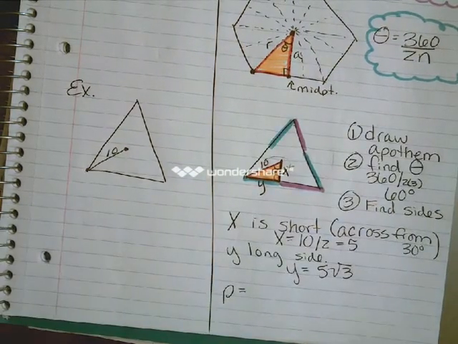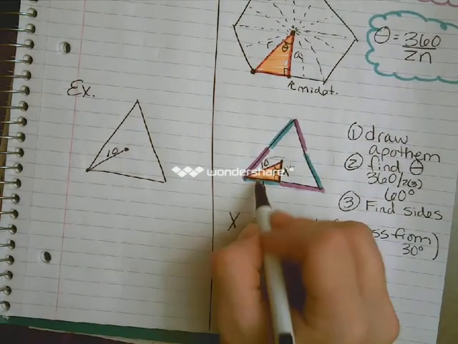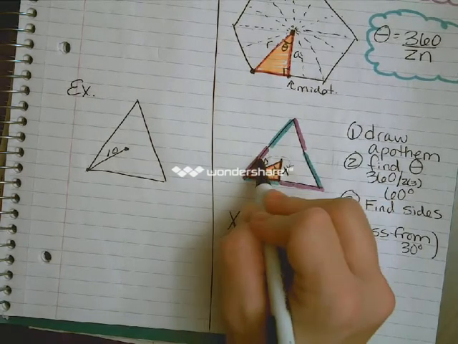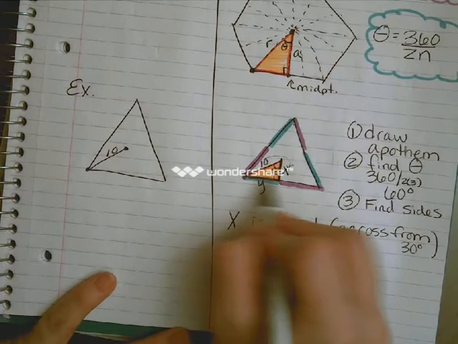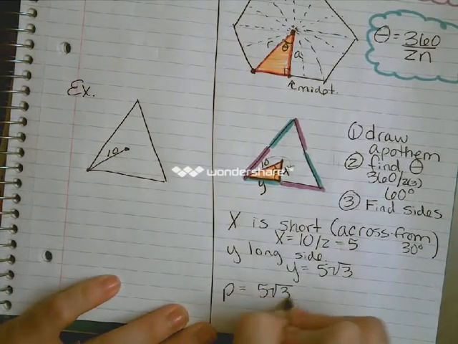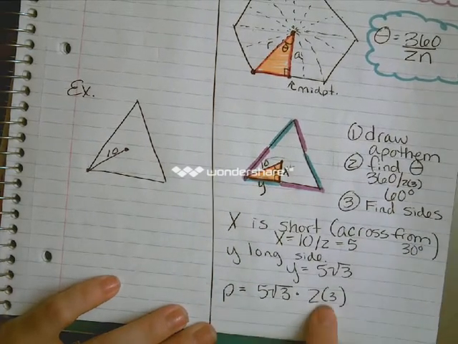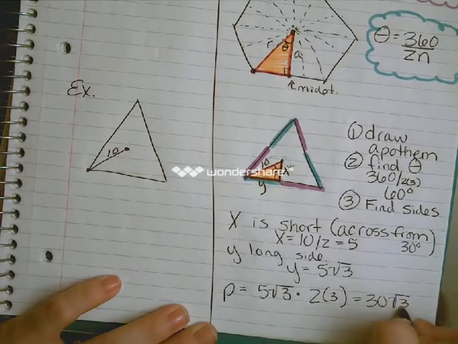So how many Y's does it take to get the perimeter? 1, 2, 3, 4, 5, 6. It will always be twice the number of sides. So if you have this bottom part of the triangle, it's always going to be the bottom part of the triangle times twice the number of sides. So 6 times 5 is 30 square root 3. Okay.